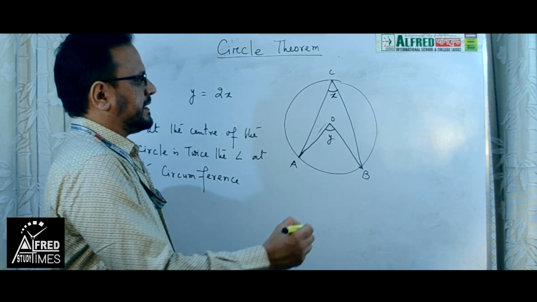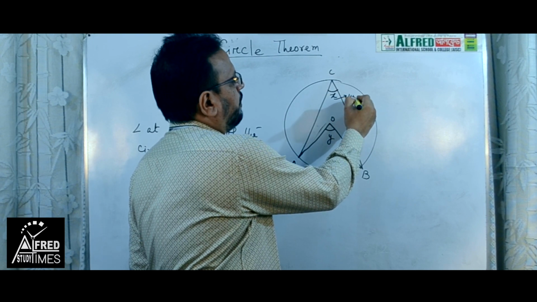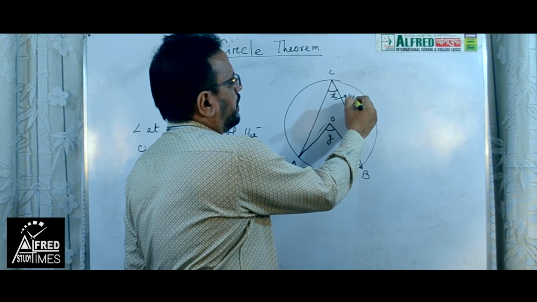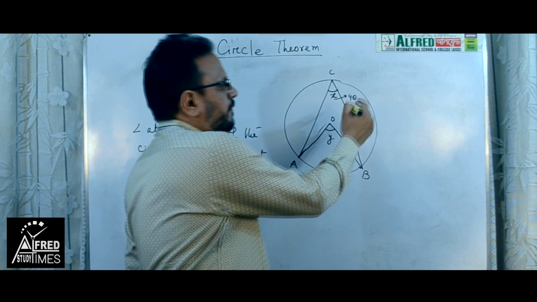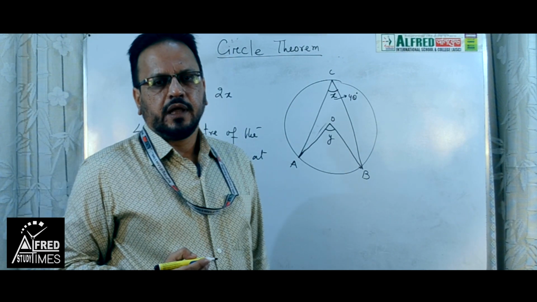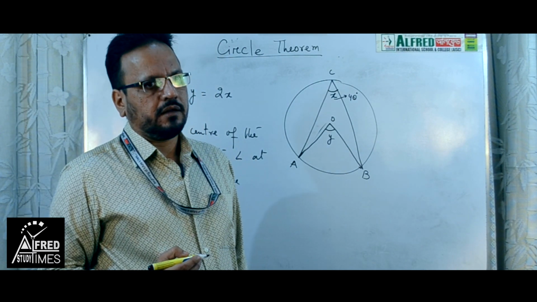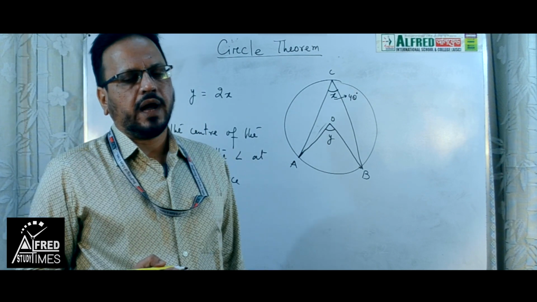Suppose the value of X is 40 degree. Then what will be the value of Y? The value of X is 40 degree. Value of Y will be double of it. It will be 80 degree. Reason is this one. So this is theorem number 1.